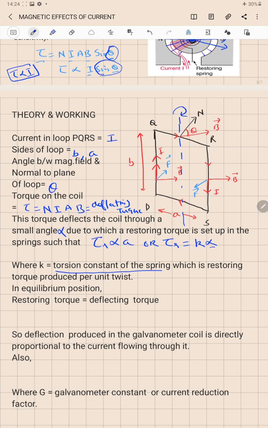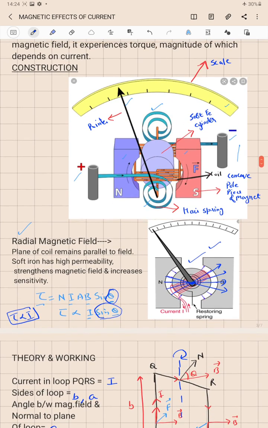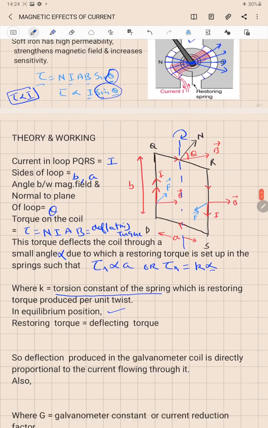As the coil turns more and more, the restoring torque will go on increasing, such that in the equilibrium position, when the restoring torque at angle alpha becomes equal to the deflecting torque, the coil will stop rotating. As the coil stops rotating, the pointer attached to it will also stop rotating. So the pointer will give us the amount of the current passing through the coil, which we can note down with the help of the calibrated scale on which the pointer moves.